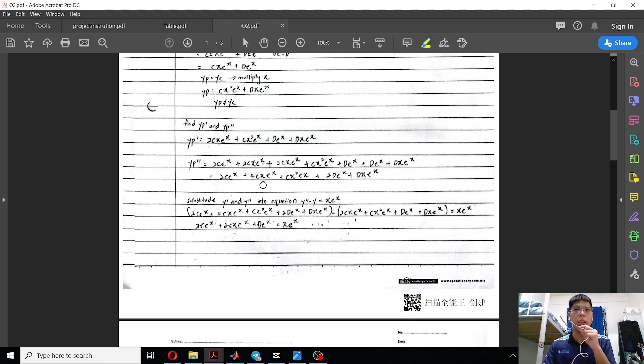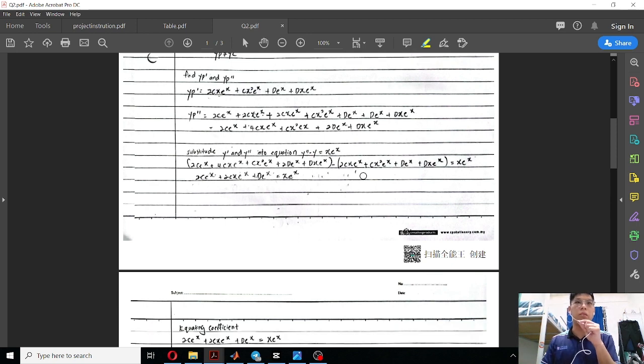And we do the second derivative of yp prime. So yp double prime is 2c exponential power of x plus 4cx exponential power of x plus cx squared exponential power of x plus 2d exponential power of x plus dx exponential power of x.